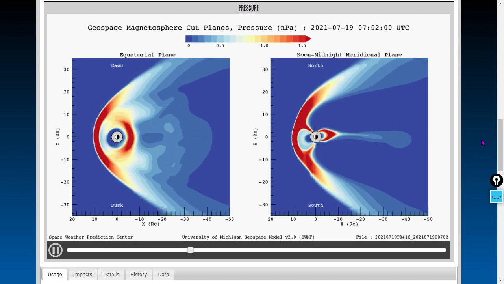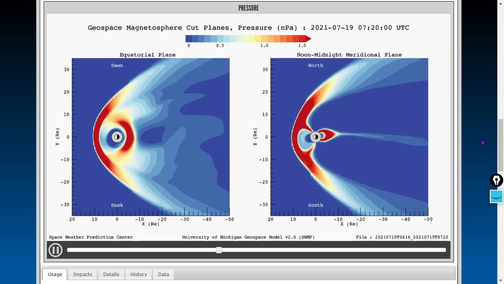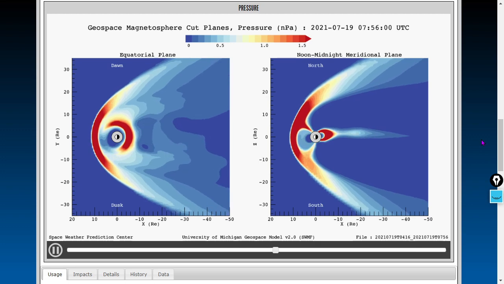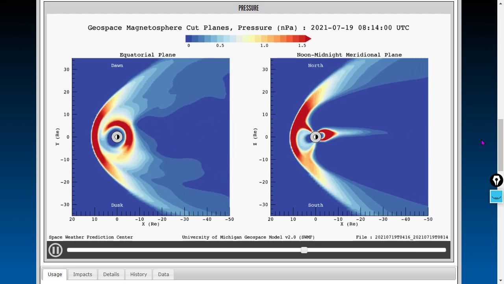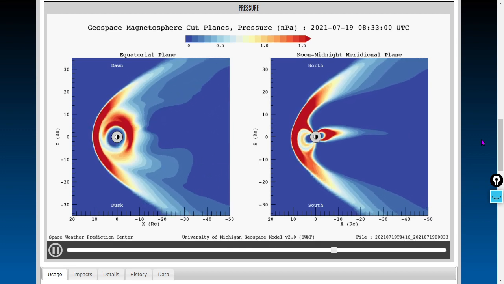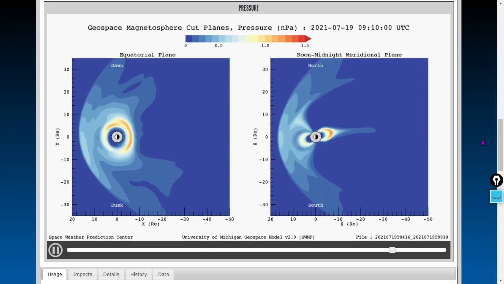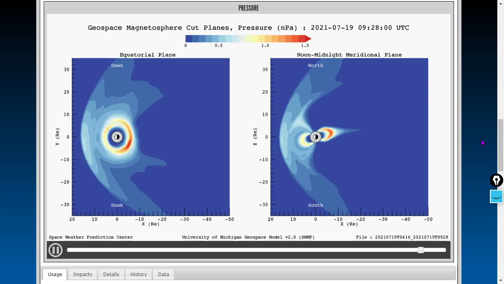If you want to read more about it, go to the Geospace Magnetosphere Movies page, click on the Details tab, and click on Space Weather Modeling Framework. A lot of variables go into this data set, and since it refreshed, we're letting it play all the way through. And there you can see the pressure suddenly drop off with that sudden reduction in the solar wind density.